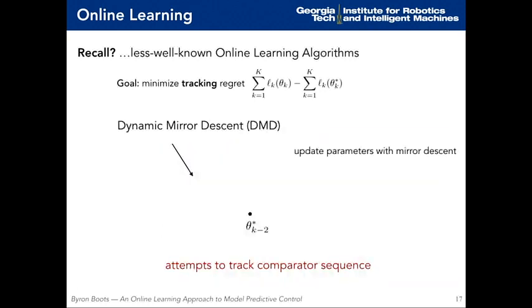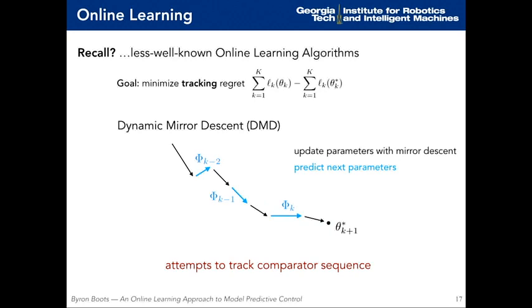At the current time step, we can take a step of mirror descent. Next, the optimal solution moves, and we anticipate the move with our predictive model. We then take a step of mirror descent. The solution moves again. We take another step of mirror descent and keep repeating this process. So if we have a good enough predictive model, then dynamic mirror descent converges towards and tracks this comparator sequence.